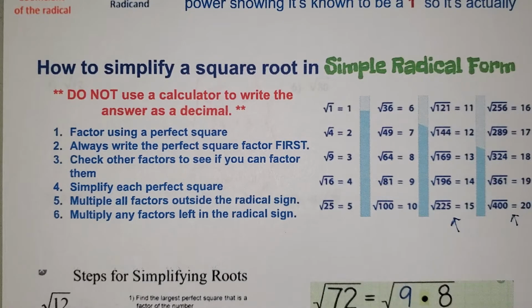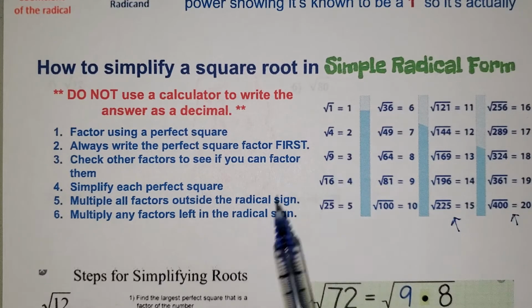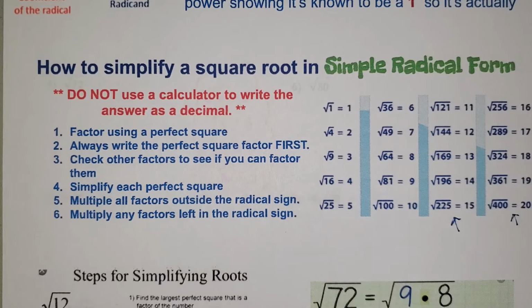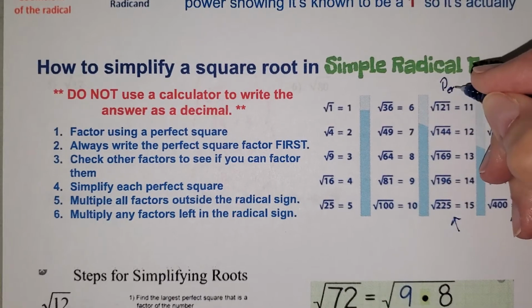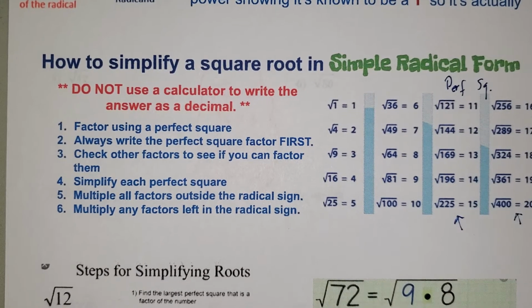Okay, so what a square root means is, when we read this, square root of 4, it means what number to the second power is 4, and that answer is 2. The square root of 9, 3. The square root of 16, 4. These are called perfect squares. All right, these numbers are perfect squares, and we're going to try and factor always using a perfect square.